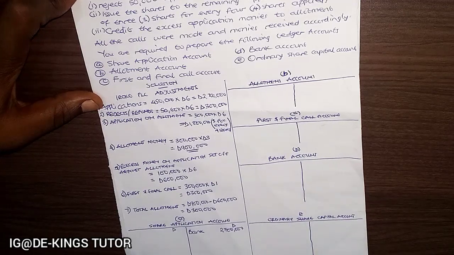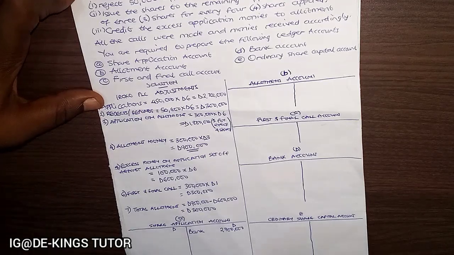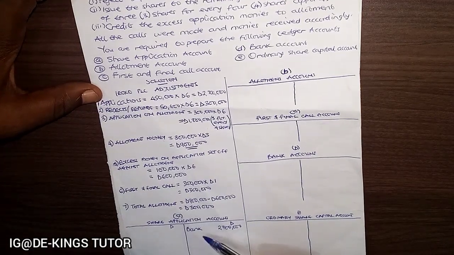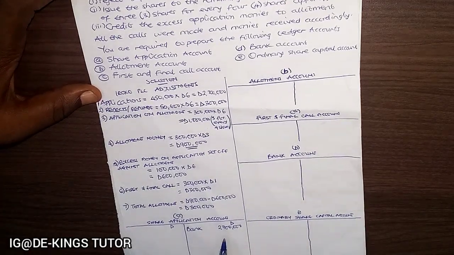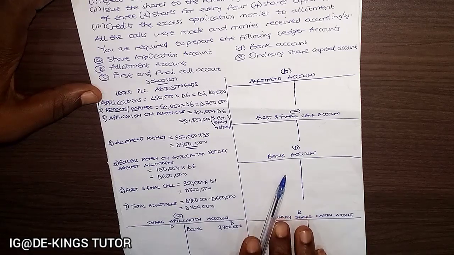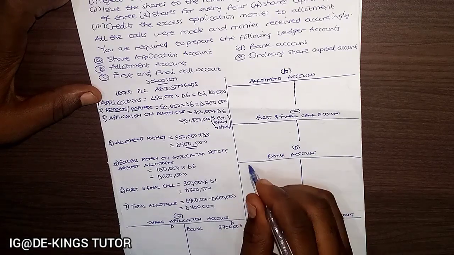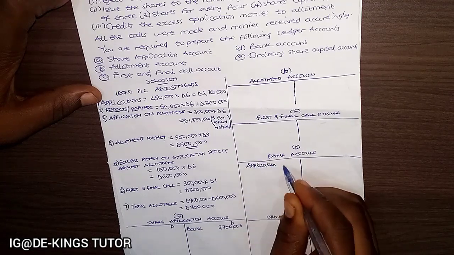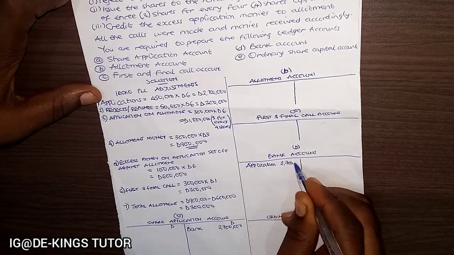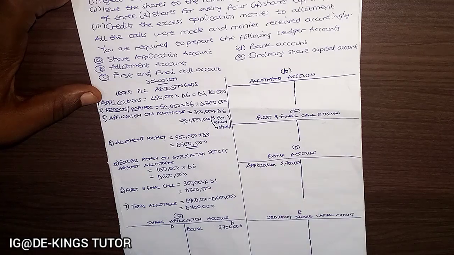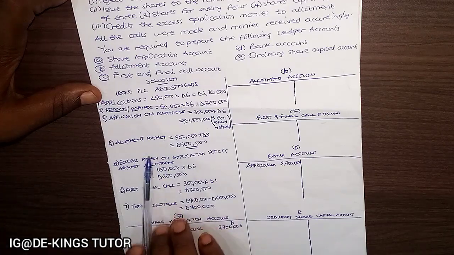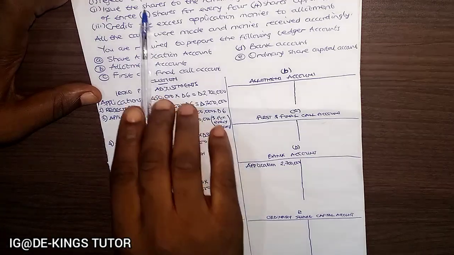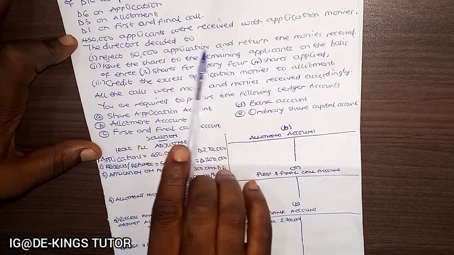Okay. So now the first one, we said they paid the share application, 2,700,000. So it is received by the bank account, so it will be here on application 2,700,000. Okay. Now when they receive that, they receive excess, so they have to refund. That's what they say, reject 50,000 applications and return.